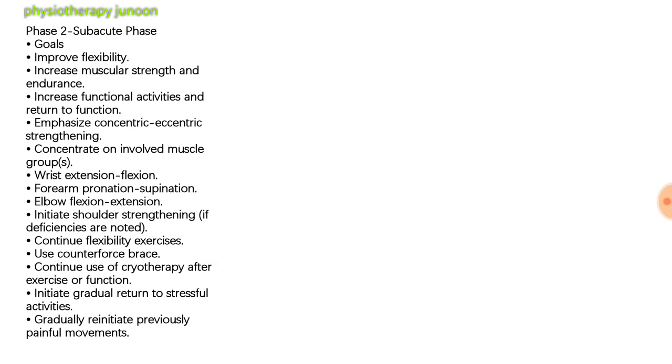Subacute phase: your goal is to improve flexibility, increase muscular strength and endurance, increase functional activity, and return to function. What is your emphasis? Concentric and eccentric strengthening, concentrating on the involved muscle groups: wrist extension, flexion, forearm pronation, supination, elbow flexion and extension exercises.